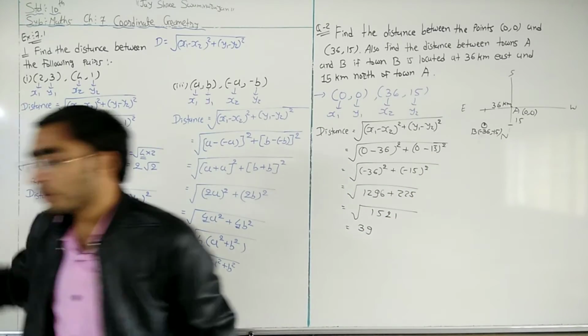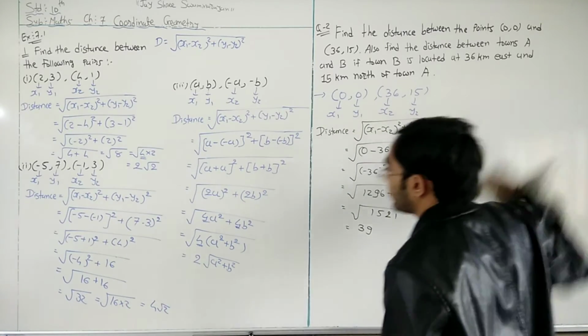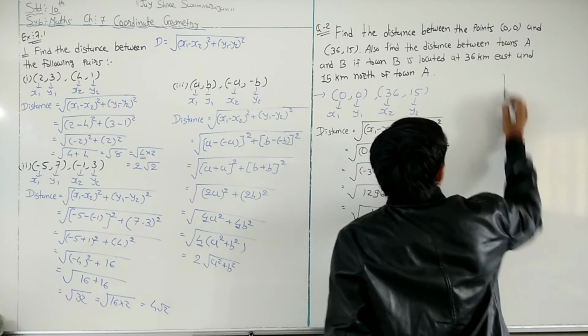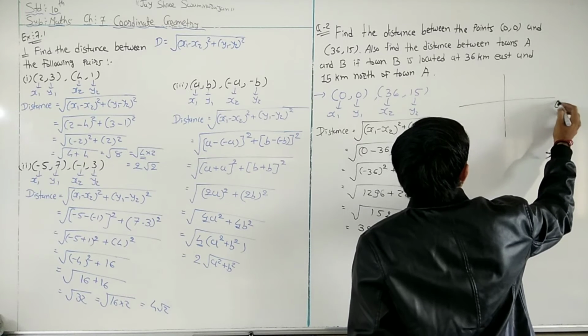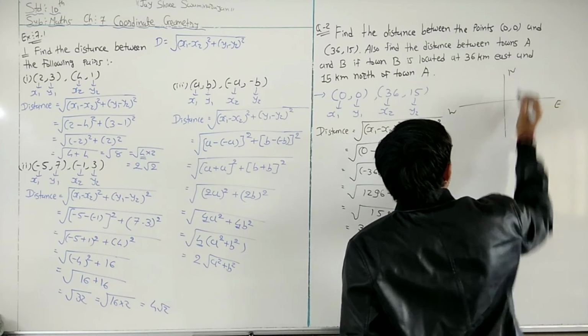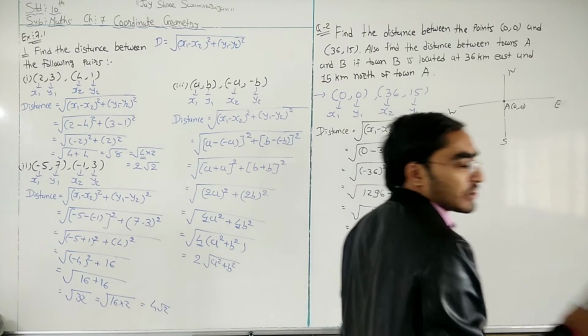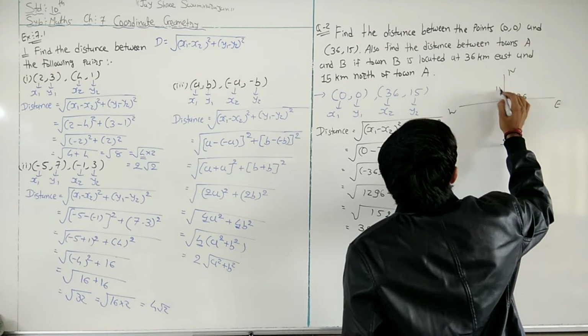Otherwise, if you change the direction as per the map of India, so here east, west, north and south. Here your point A is 0, 0. Now east direction 36 kilometers and north direction 15 kilometers.